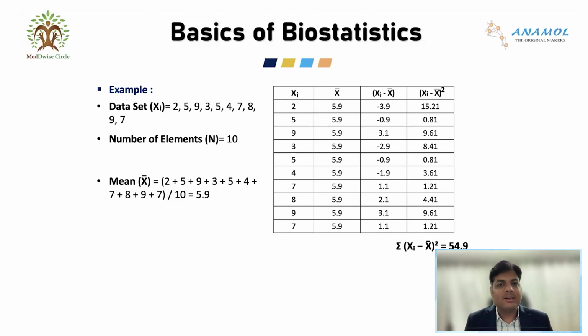So to calculate standard deviation, there is a step-by-step process that I have to do. In the first step, I have to subtract the mean from the individual values. Here xi means individual value. The first student has scored 2 marks out of 10. So if from 2 I subtract 5.9, I will get a value of minus 3.9.